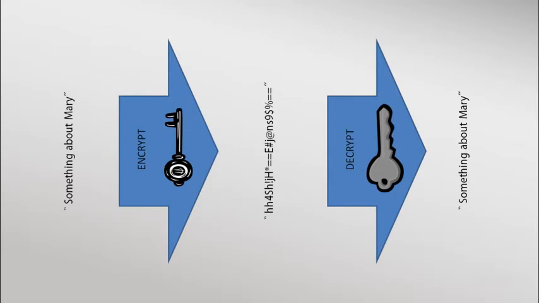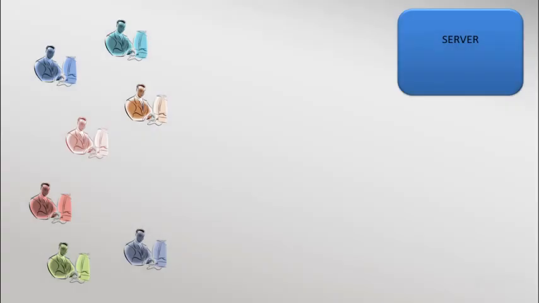The key used for encryption is called the public key, while the key used for decryption is called the private key. And the reason for calling them so is because, applying it in the context of our internet example, the server can distribute the key used for encryption freely to any user who wants to send some data to it in a secure way.